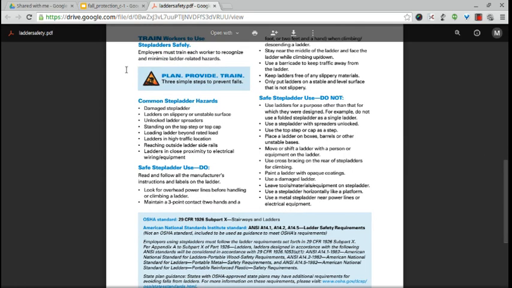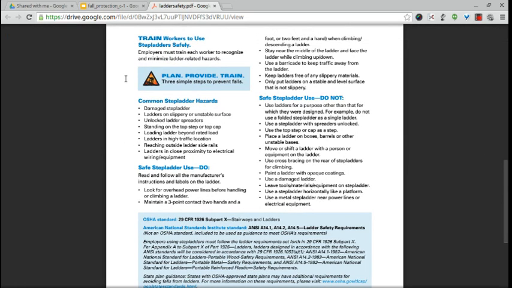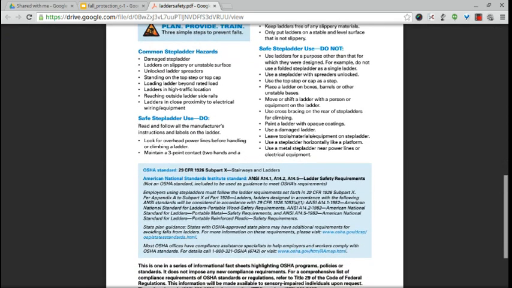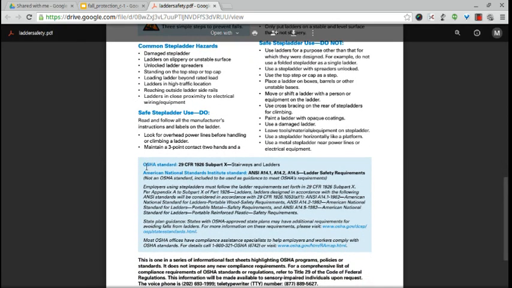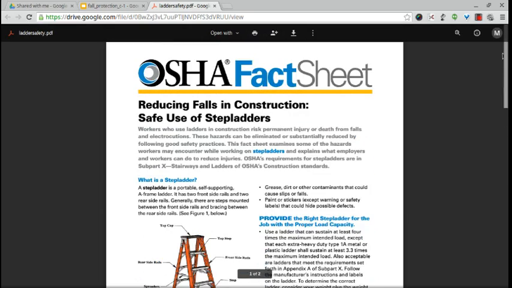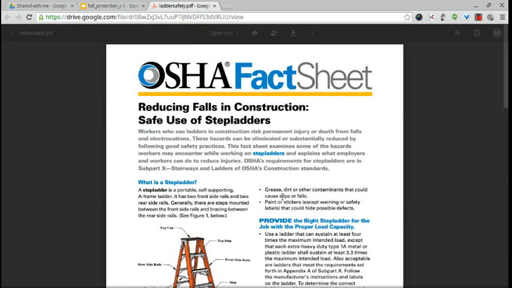Train workers to use ladders safely. Common step ladder hazards. Safe step ladder use. Do not do these things. And if you want to know where in the standards you can find this information, you got that right here. So like I said, if you need to stop and pause the video to get this information, feel free to do that. Take the information and then create your poster.